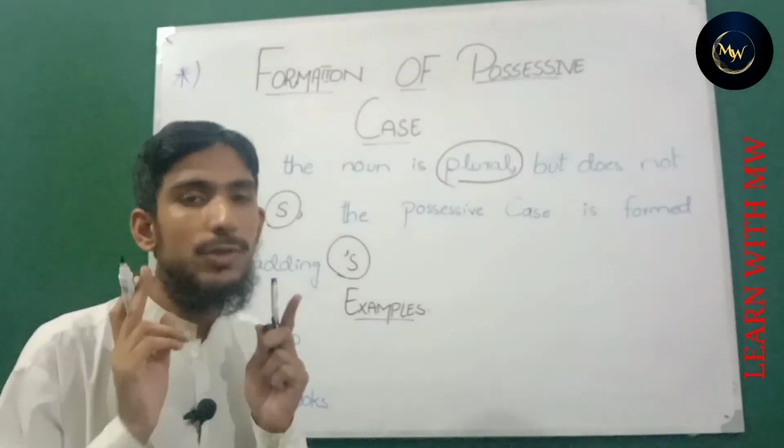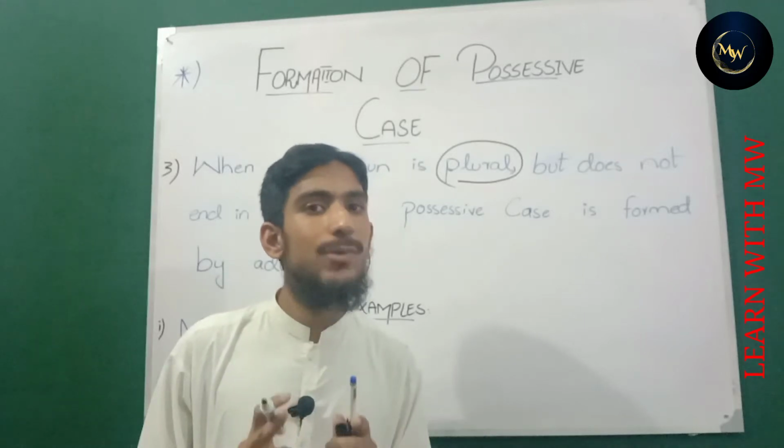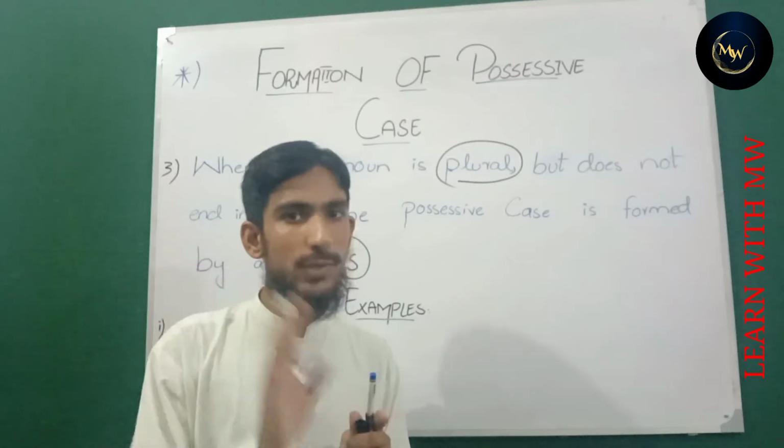In the second technique, we learned the case when the noun is plural and ends in s. Again, when the noun is plural and does not end in s, its possessive case is formed by adding both apostrophe and s to that plural.